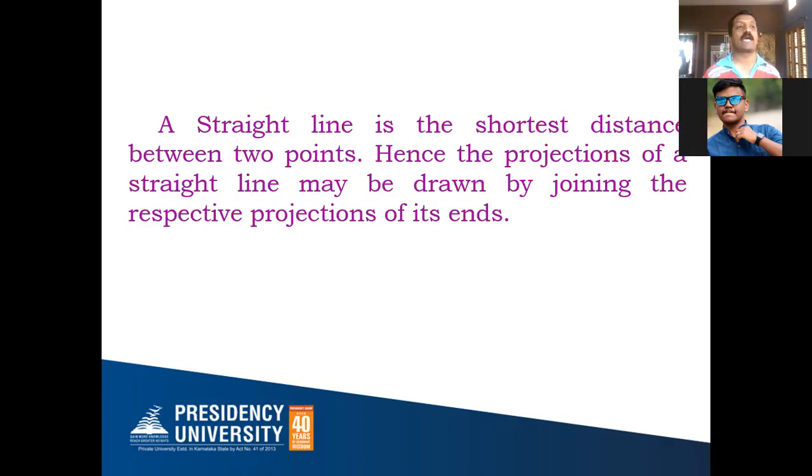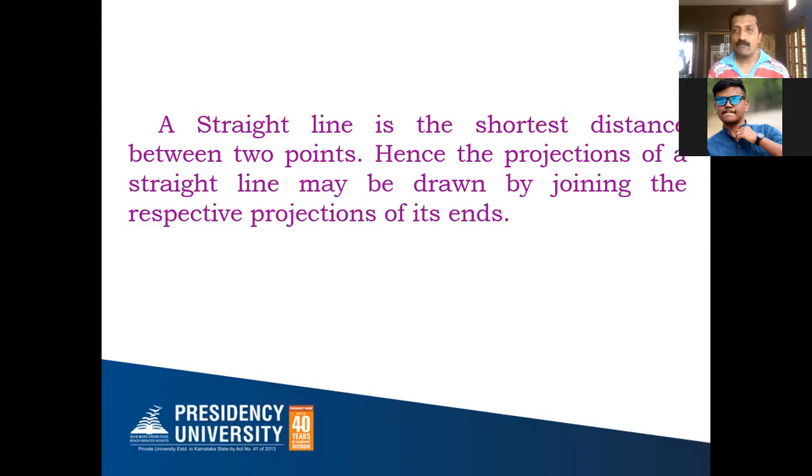In this particular chapter, projection of straight line, a line is our object. And from now onwards, only the first quadrant examples we'll discuss. We won't discuss the second, third, or fourth quadrants. Always the straight line is above HP and in front of VP. Always the front view should come above the XY line and the top view should come below the XY line.